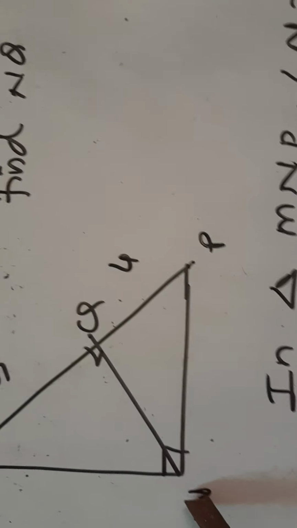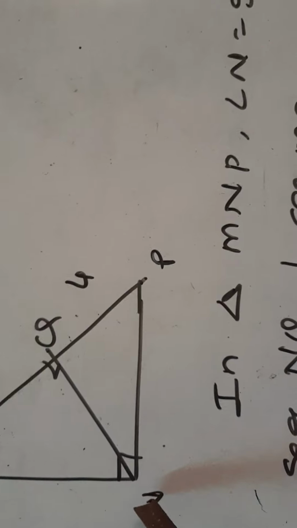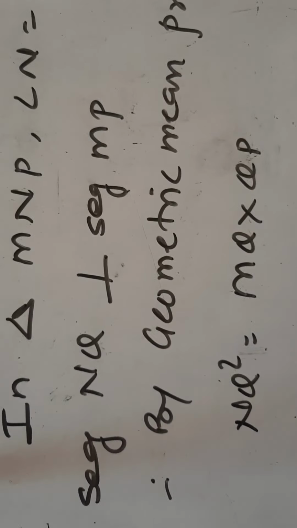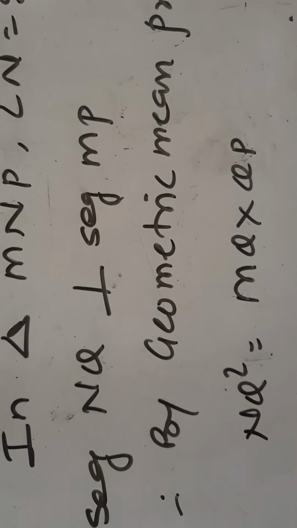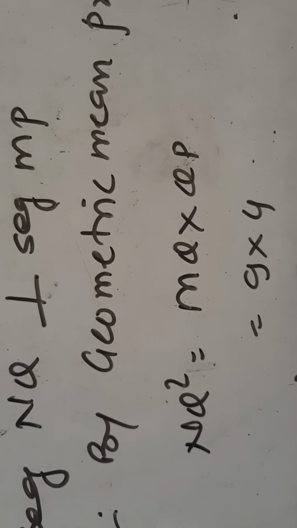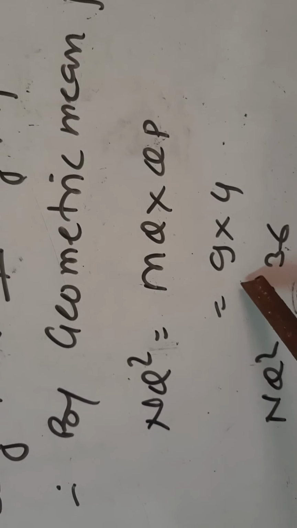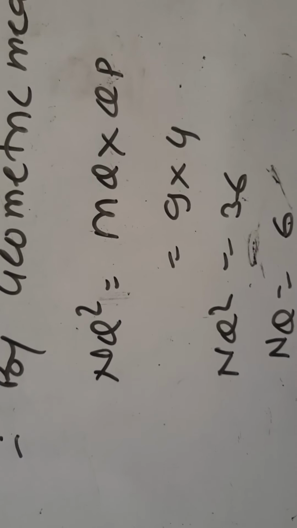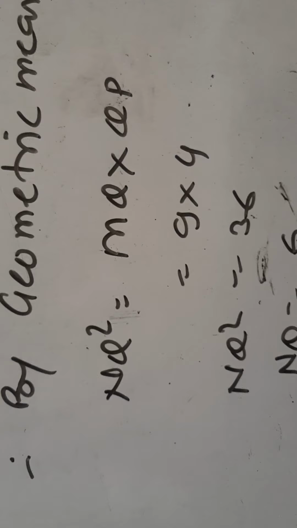NQ is the geometric mean, so we use the geometric mean property. NQ square equals MQ into QP, the product of the parts of the hypotenuse. So 9 into 4 is 36. Taking the square root, NQ equals 6.